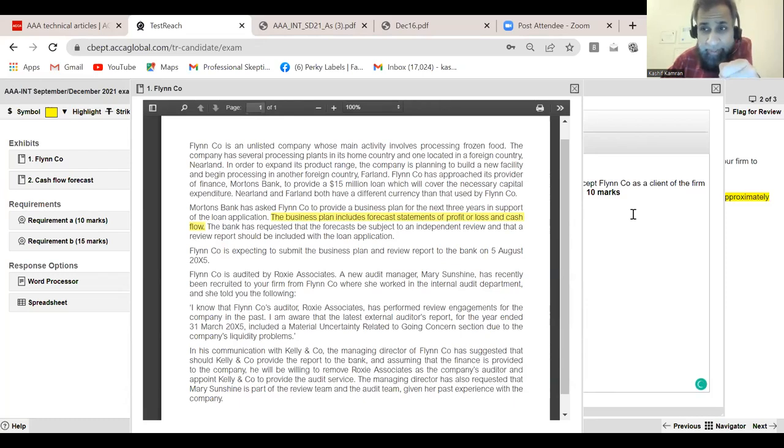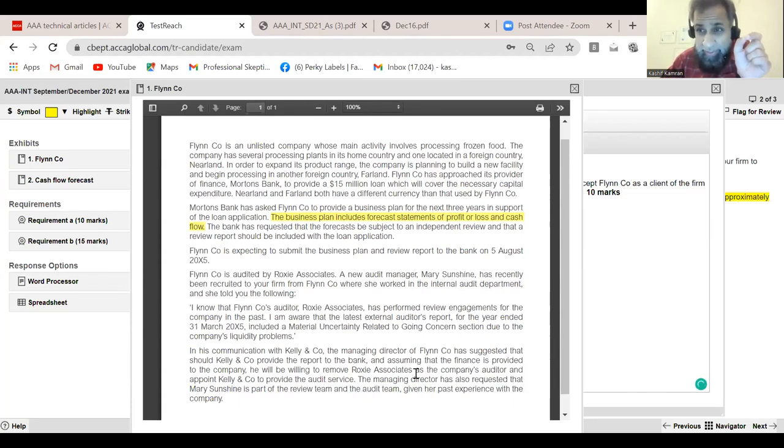When the time period of a forecast increases, does it increase the risk of subjectivity? Does it increase the risk of wrong estimates? Tell me. And is that something I should consider when I am accepting a service? So when I am accepting a service to report on the cash flow forecast, should I consider the degree of subjectivity as a risk factor, considering how long the cash flow forecast is, 3 years?